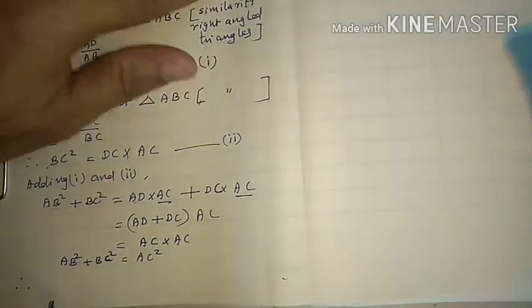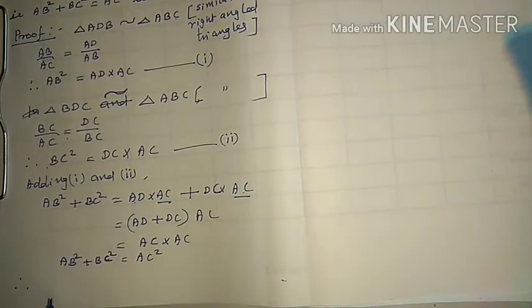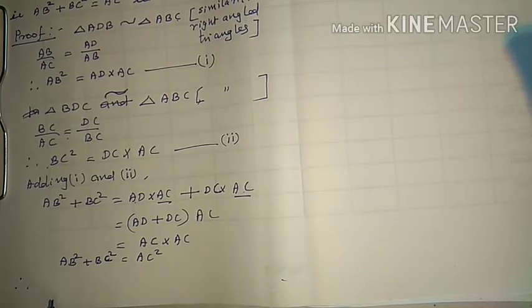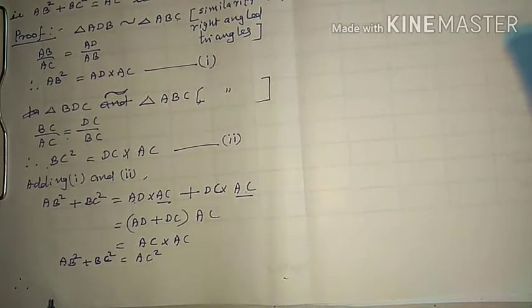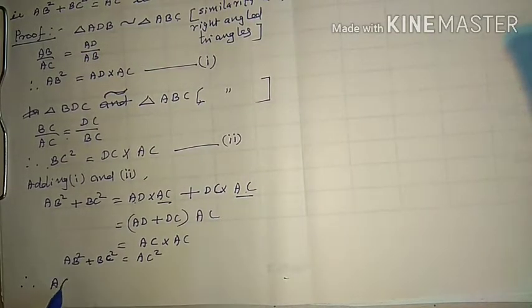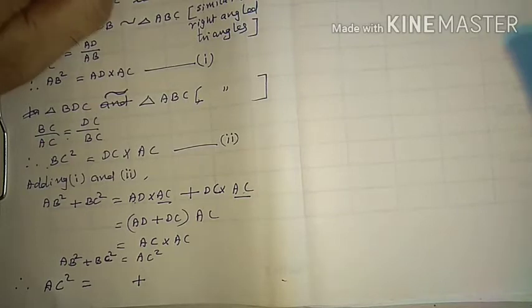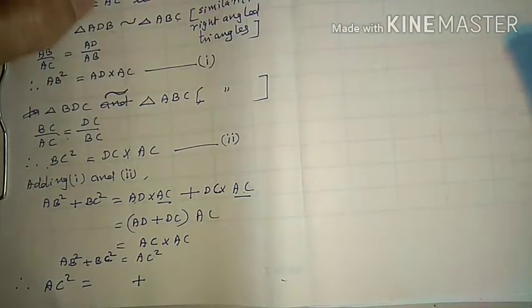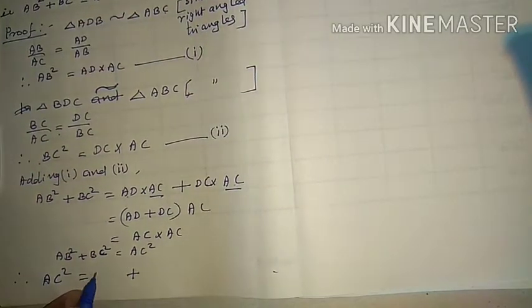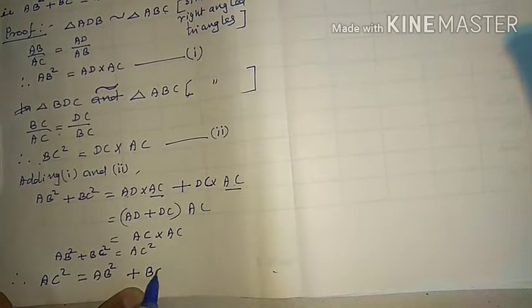Therefore, we write according to the statement, in a right angled triangle, the square of the hypotenuse is equal to the sum of squares of the remaining two sides, that is AB square plus BC square.